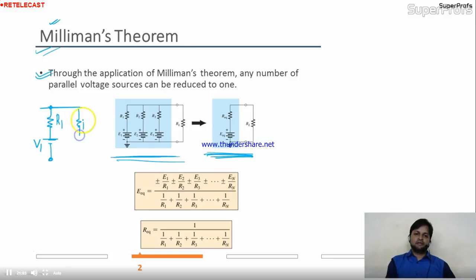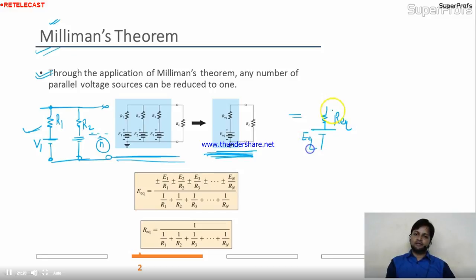Like this, so many branches are connected together in parallel. The combination should be like this only: resistance connected in series with a battery or independent source. If n number of branches are connected, we can replace them by a single source. In that single source circuit, the R equivalent will be given and the E equivalent will be given.